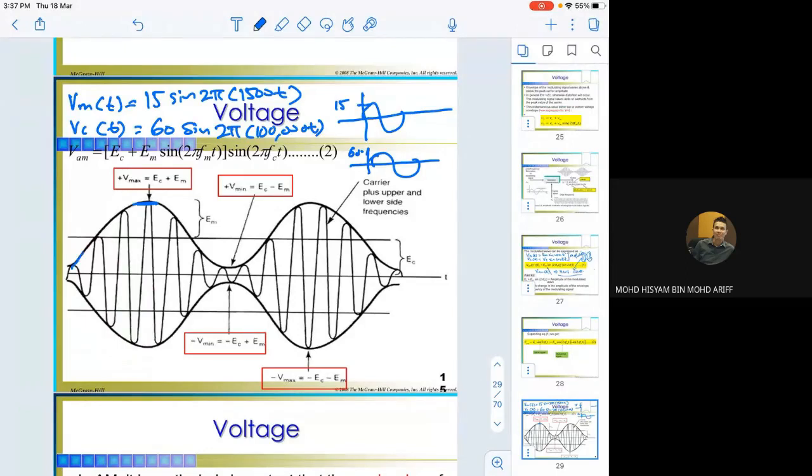Okay, so how to draw? Actually, this is how you draw the AM signal. Here is Vmax.